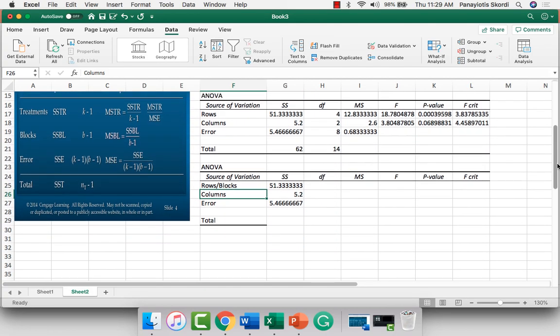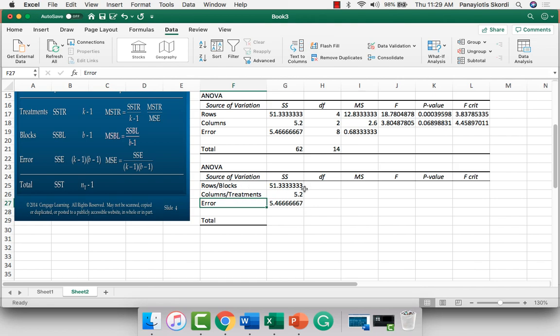So for columns, I'm going to put columns / treatments. The reason is that it matches the wording we have over here. You'll notice that treatments are in the first row, where they're over here in the second row, so you have to keep an eye out for that. If you're going to make a cheat sheet, you may want to put it in the order that Excel gives you the information in. You may want to flip these two over.